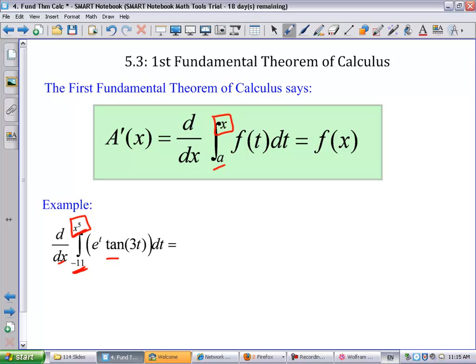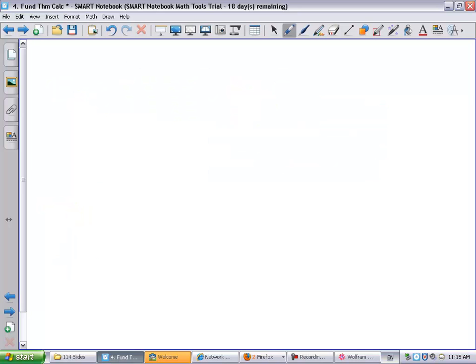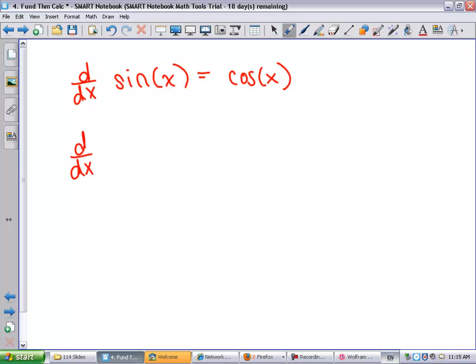Well, let's remember what we would do about that in a simpler case. So if you were going to take the derivative in terms of x of something like sine of x, well, that would just be cosine of x, right? But what if you were supposed to take the derivative in terms of x of sine of x to the 5th? What do you do about the fact that that's x to the 5th instead of just x?